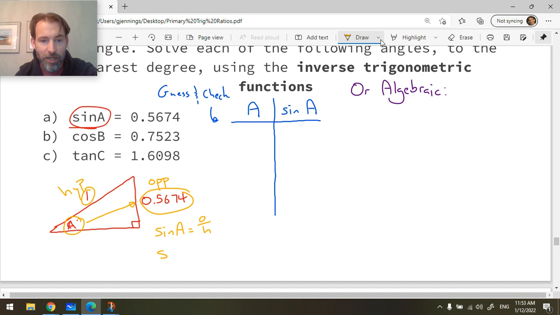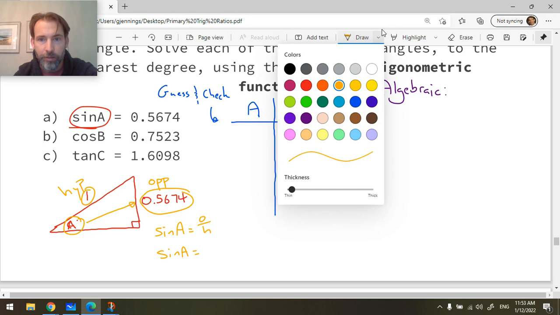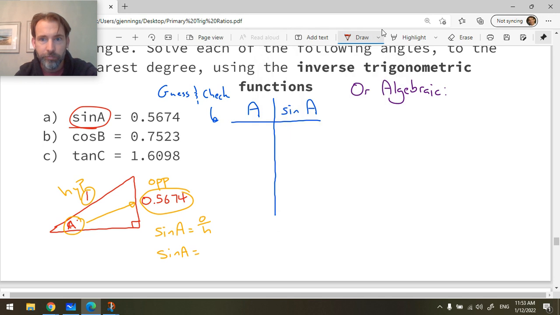Sine A, in this case, is equal to this divided by that. Or, for those of you that are really sharp, know that anything divided by 1 is itself. This is a situation where the sine of some angle is equal to that.